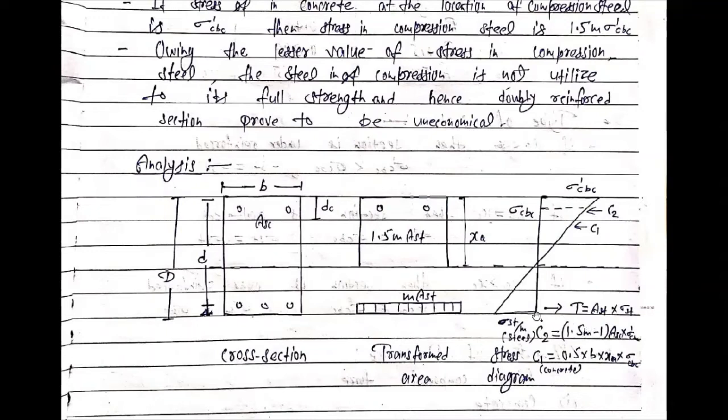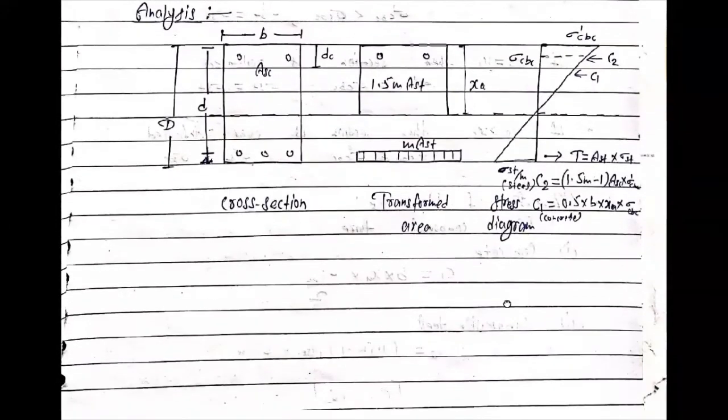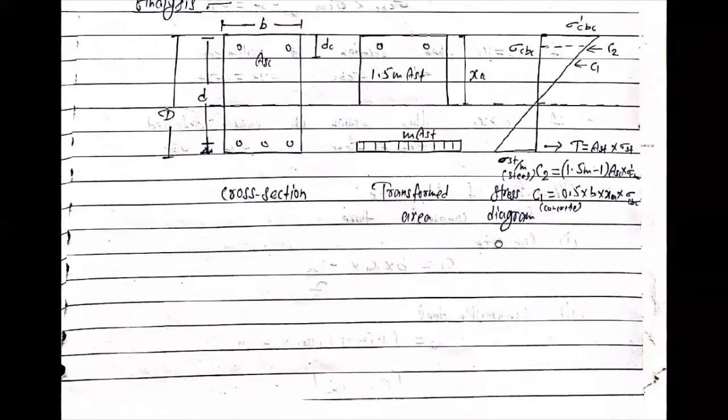And this is the tensile force, which is taken by the bottom bars, which is given by T equals AST multiplied by sigma ST. C2 is 1.5 m minus 1 into area of steel under compression multiplied by sigma dash CBC, and C1 is half of b into XA into sigma CBC. These are the values of C1, C2 and T.